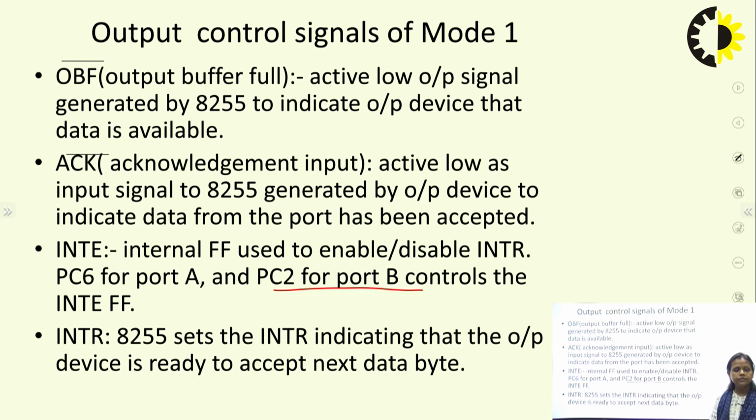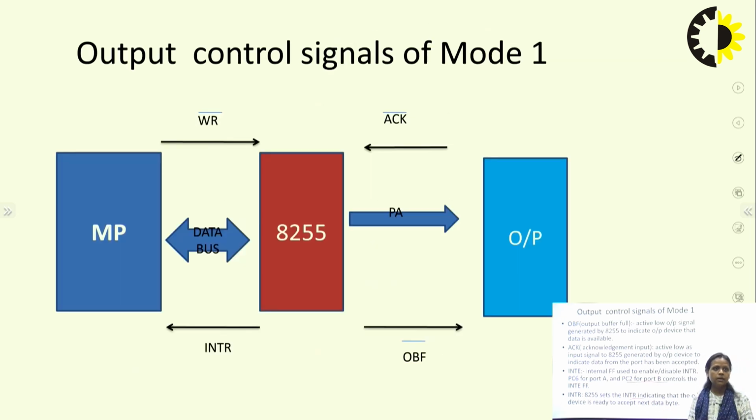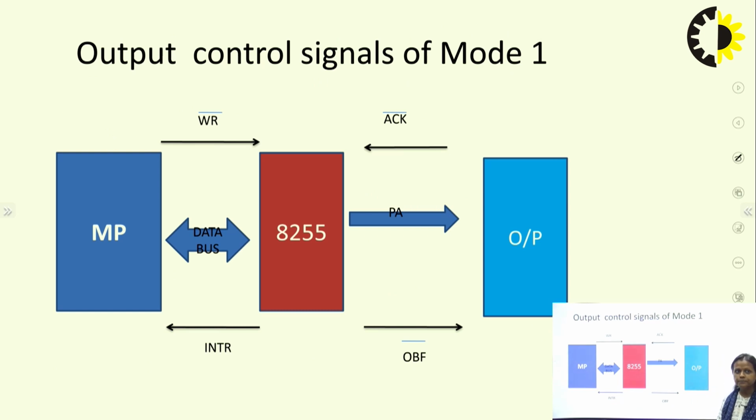Then we have the interrupt. The 8255 sets the interrupt, indicating that the output device is ready to accept the next data byte. So here we can see that when the 8255 has some data, it will generate the OBF signal.